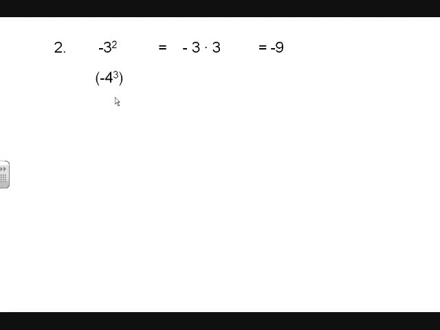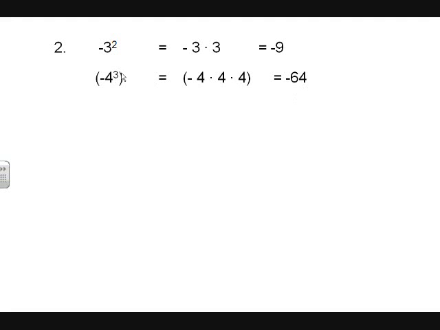The next example, we have parentheses around this, but a lot of people want to say that this is negative 4 times negative 4 times negative 4, but even though these parentheses are around it, this is really still just negative 4 to the third power with this negative sign staying on the outside, and then 4 times 4 times 4, giving us an answer of negative 64.